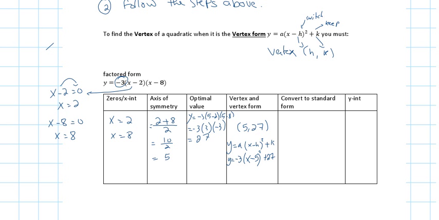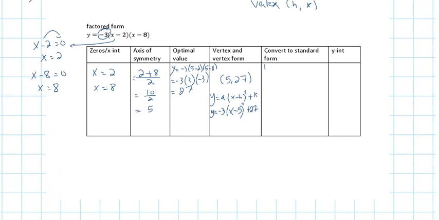Either way is correct. With a factored form, you're going to have to FOIL. Collect like terms. And then multiply the -3 in.